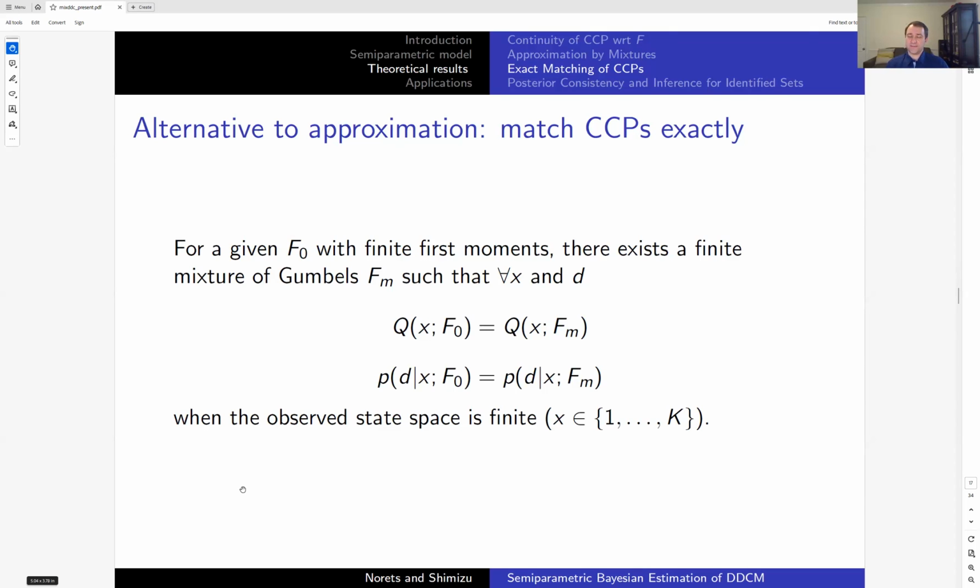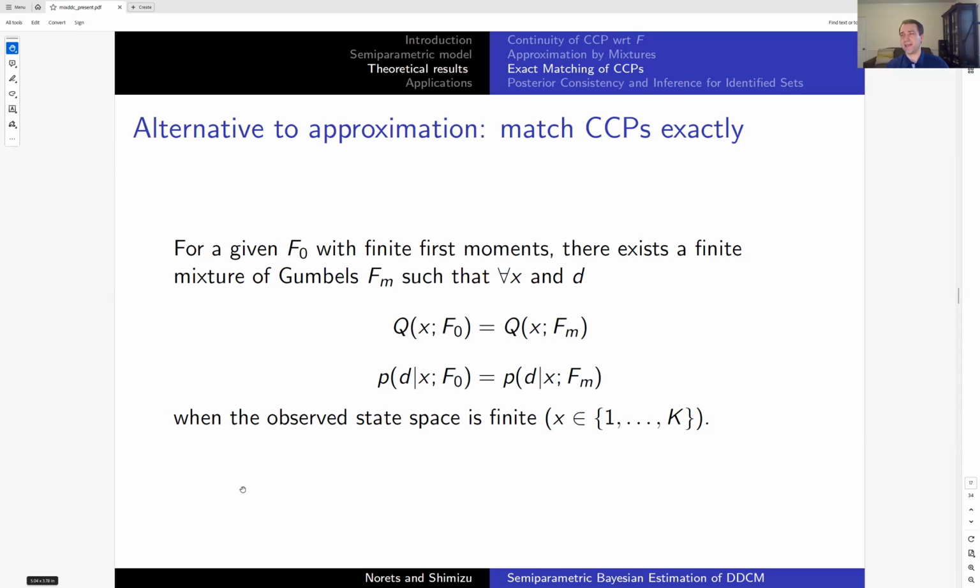There is also an alternative to these approximation results, and I'm not sure if it's really a positive or negative development for this type of models, but anyway, we also know that if X, basically this state variable, can take only a finite number of values, then this dynamic program becomes basically these V functions become just vectors, and the way the distribution of epsilons enters this model is pretty much only through some kind of integrals of epsilons over different subsets.